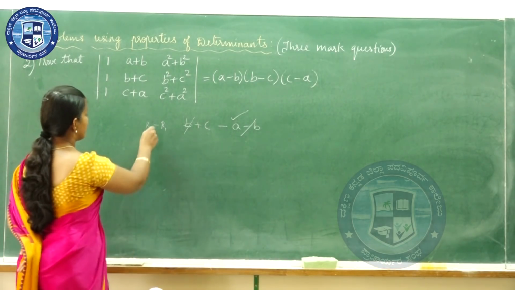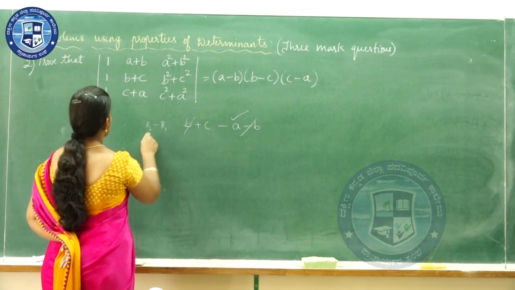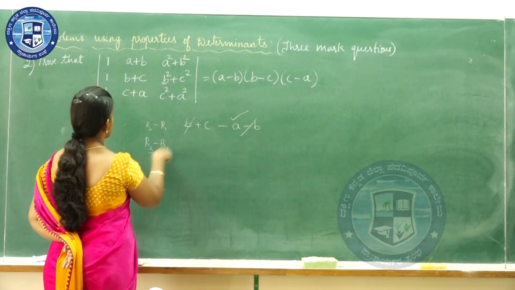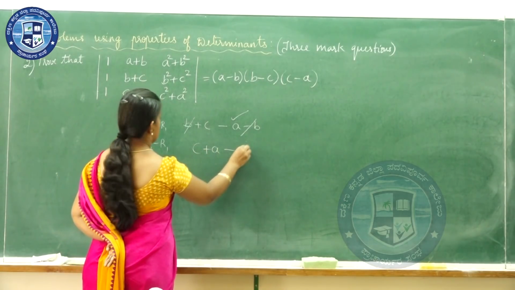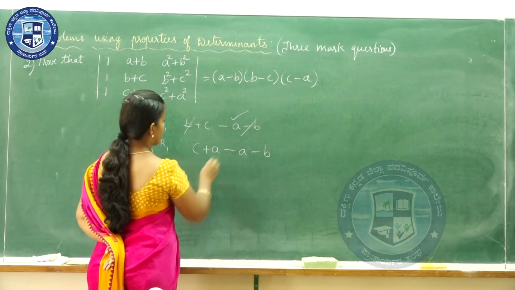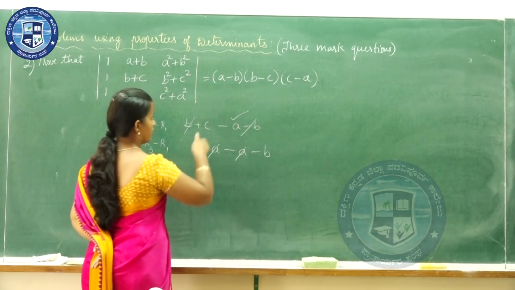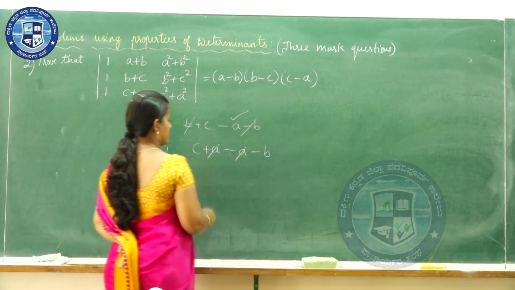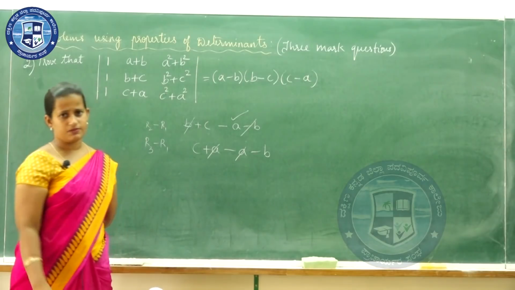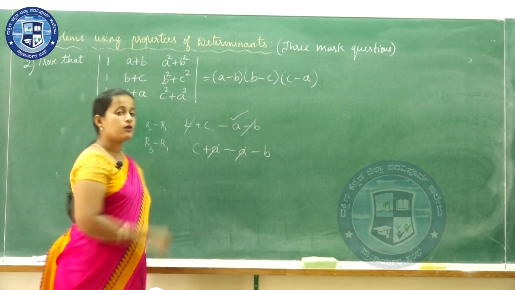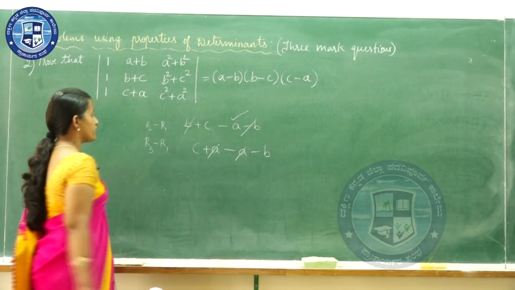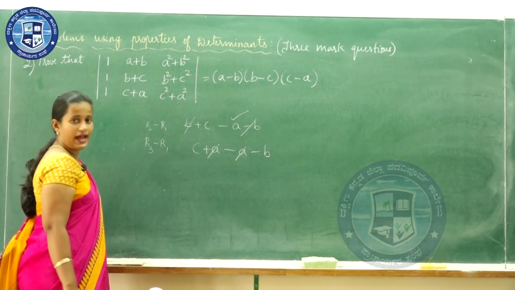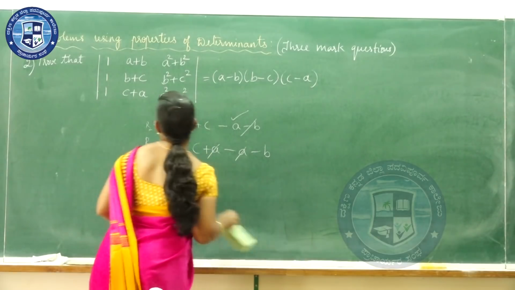Let us check with R3 minus R1. So c plus a minus a minus b, so you will get c minus b, but what you wanted is b minus c. That's okay. We can take out the minus sign later and adjust. So we will go for these two operations, R2 minus R1 and R3 minus R1.